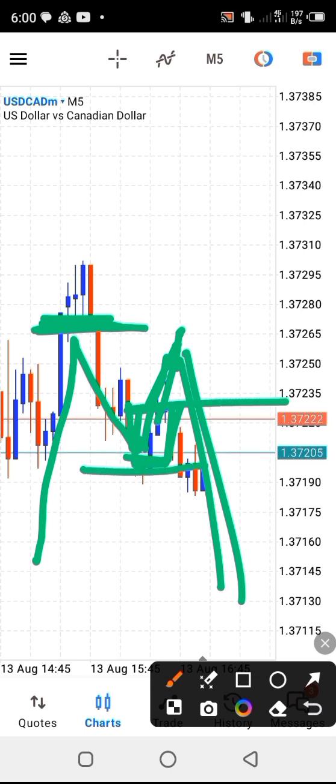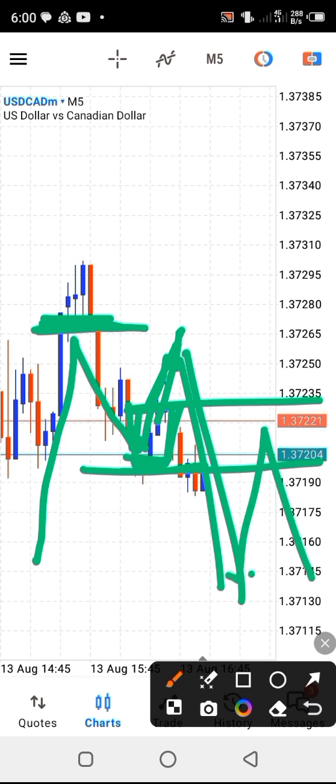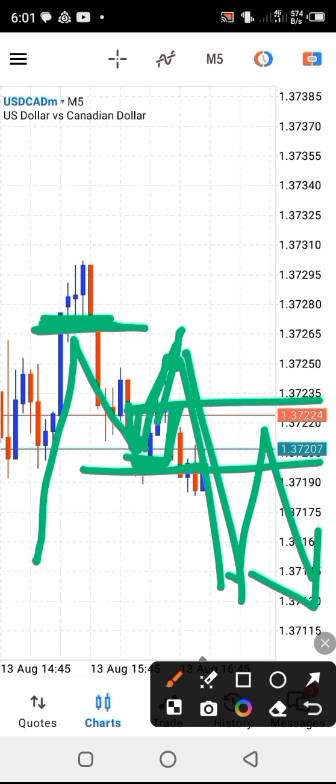Now what you have here is a mitigation block. You wait for price to come back there, then you sell. I have live examples. If you don't understand the way I'm explaining it like this, when I go to the main chart example, you are going to see the clear difference, but try to follow.